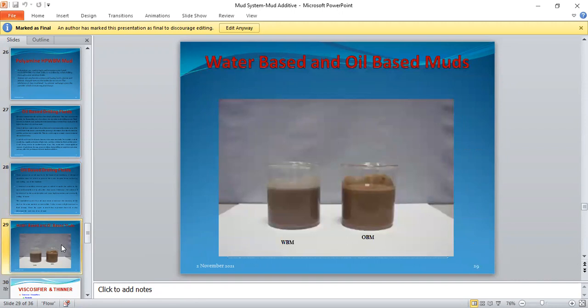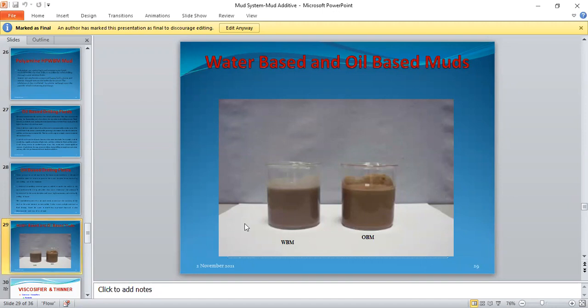This diagram may not be very clear, but we have 2 beakers showing water-based mud and oil-based mud. The colors may vary depending on the additives we put.